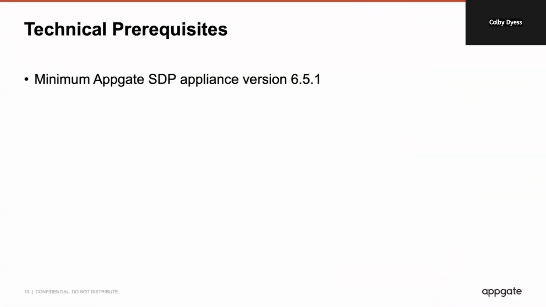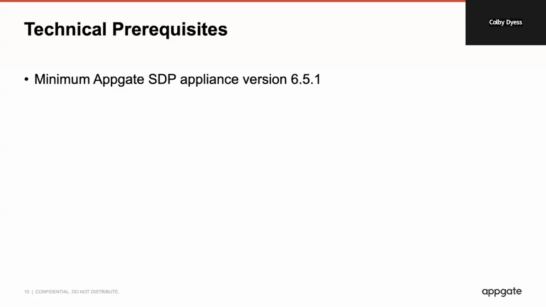So let's talk briefly about the technical prerequisites for existing customers. There are two basic criteria. First, your Appgate SDP appliances must be on version 6.5.1 or later. I want to point out that I'm only referring to the appliances. You do not need to update all the Appgate clients to this version.